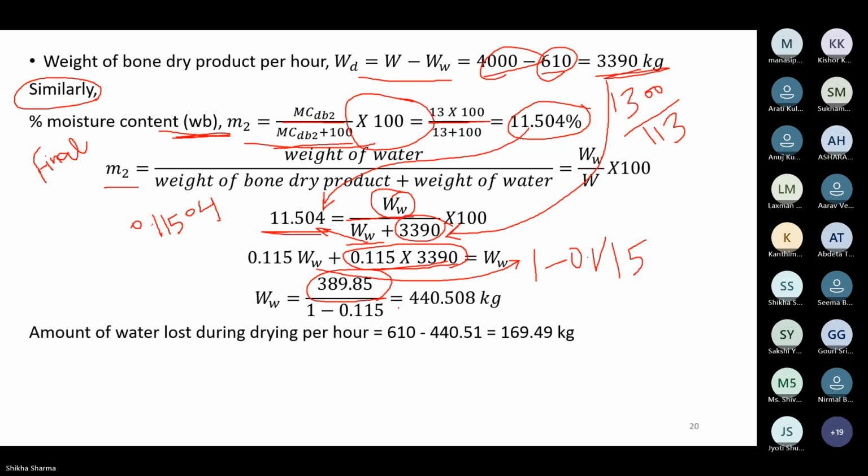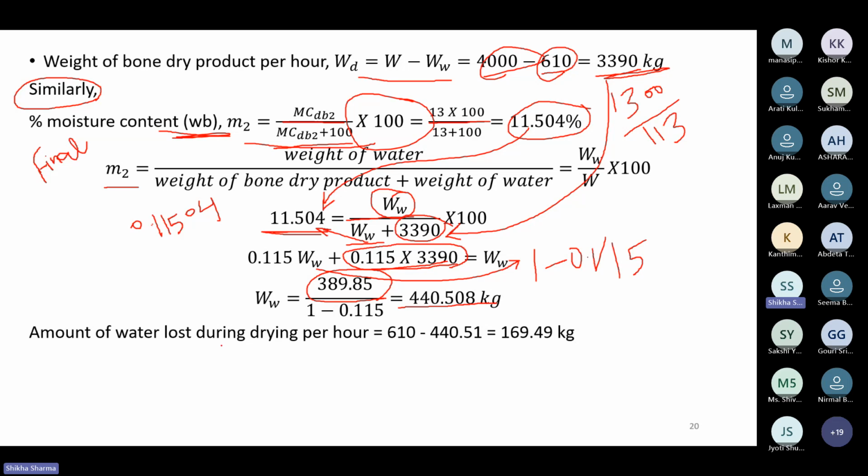So when we solve this, we'll get weight of the water is equal to 440.508 kg of the water is there when there is a final product after drying. This is the weight of the water.